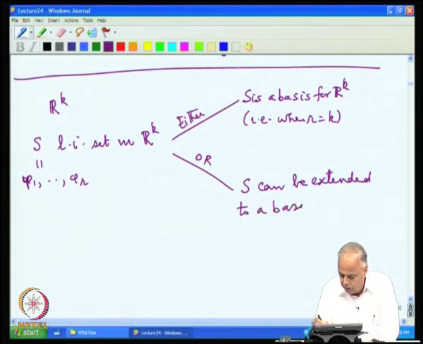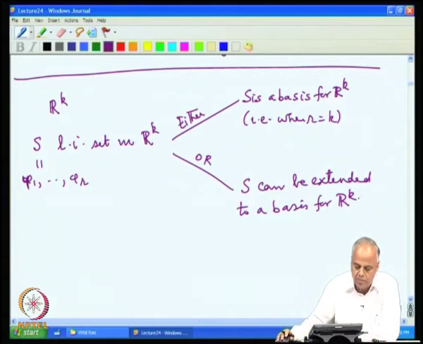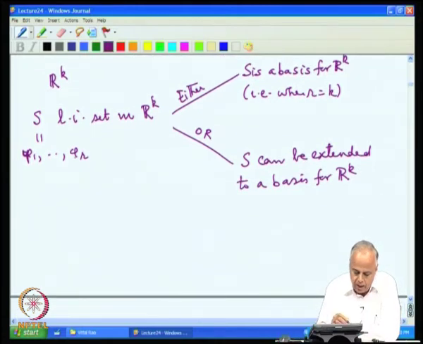We have seen this before, that any linearly independent set, if it is not a basis, then we can append k minus r vectors to it to get a basis. Now, suppose if it is a basis, then it is already a linearly independent set and we have no problem. If it is not, we have to append k minus r.